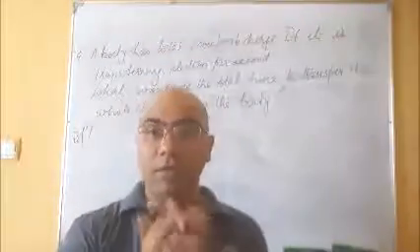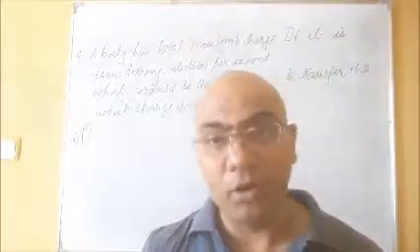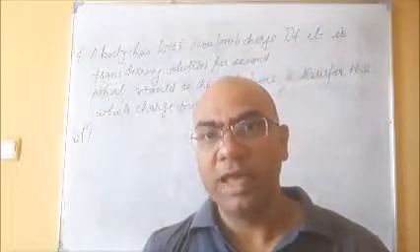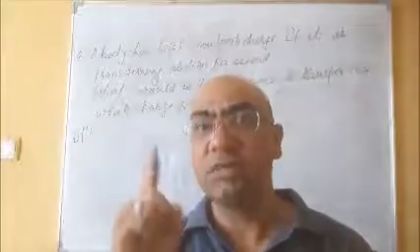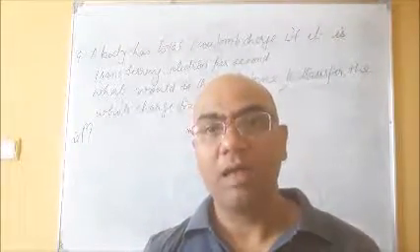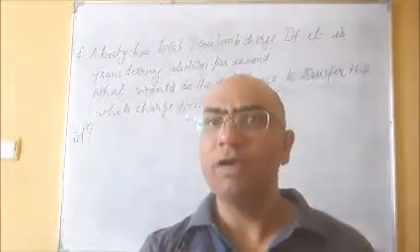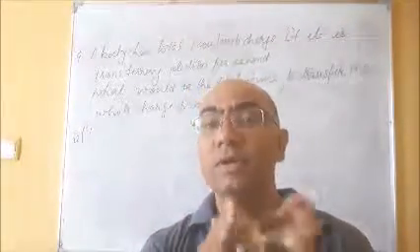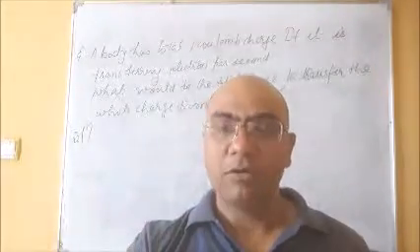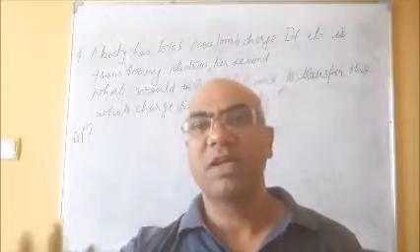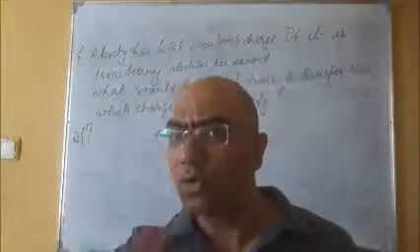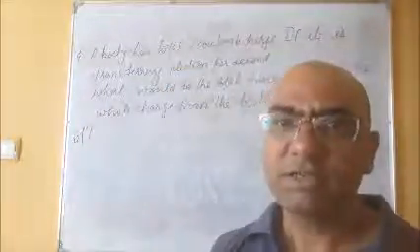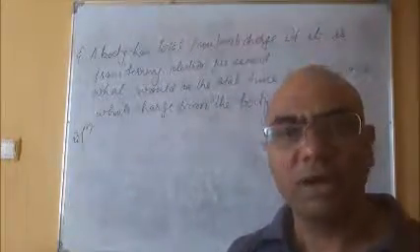So what I'm saying, we have a body and the body has a total charge of 1 coulomb, and the body is transferring 1 electron per second. So what would be the total time after which the body will transfer its whole charge? It's a very simple question. You can solve it by the unitary method. What is the unitary method?